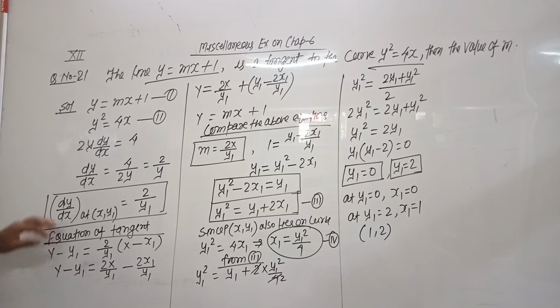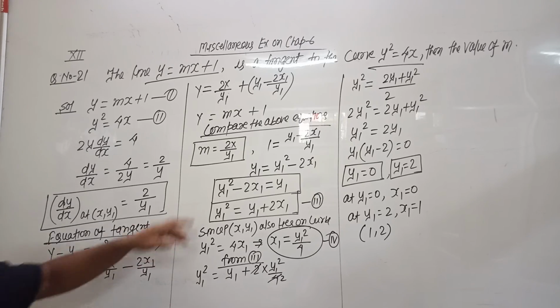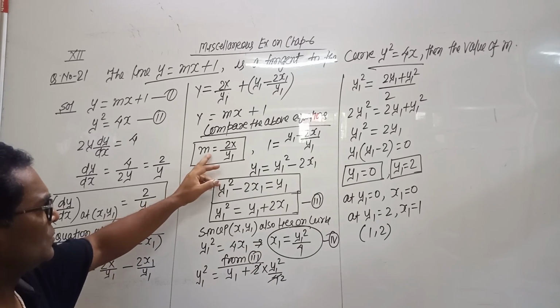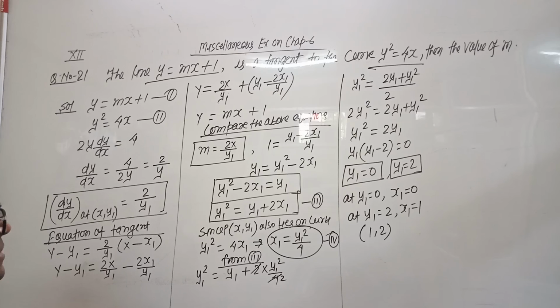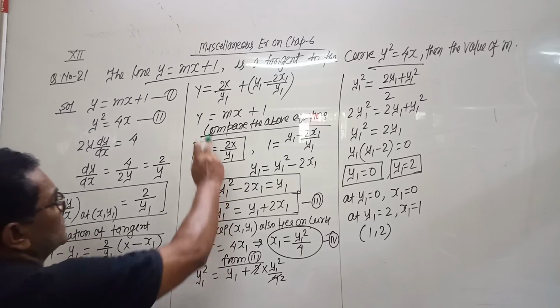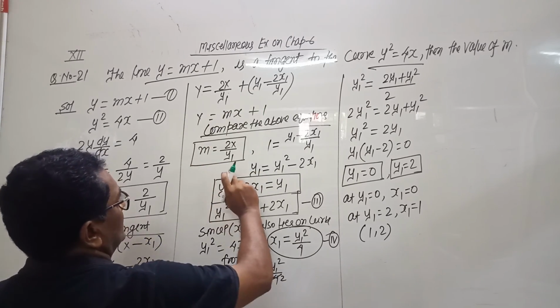Now the value of slope: the value of slope m was 2 by y1, from y equals mx plus c.